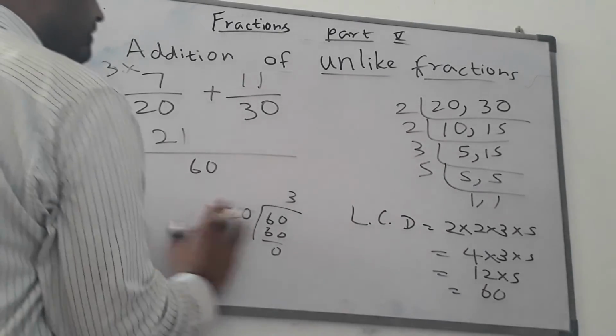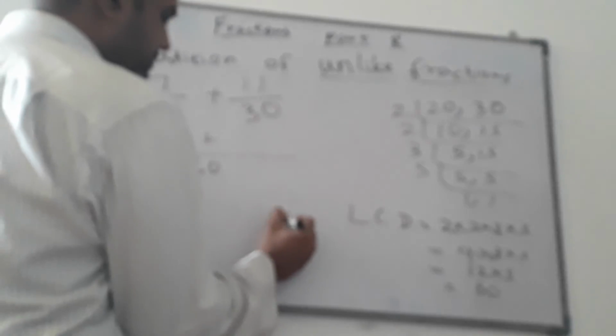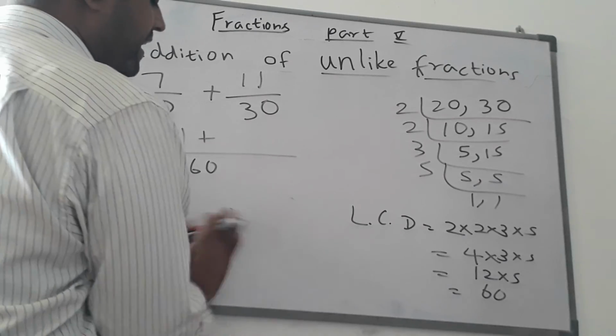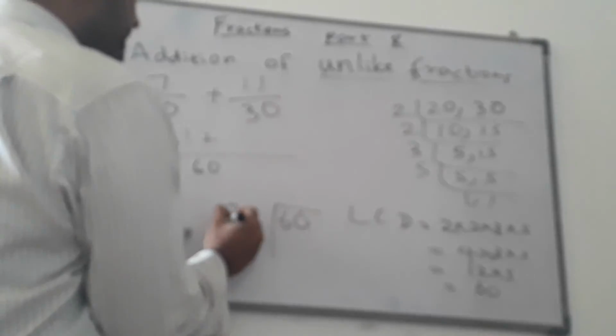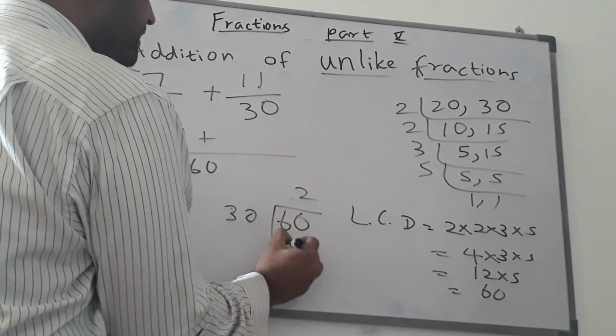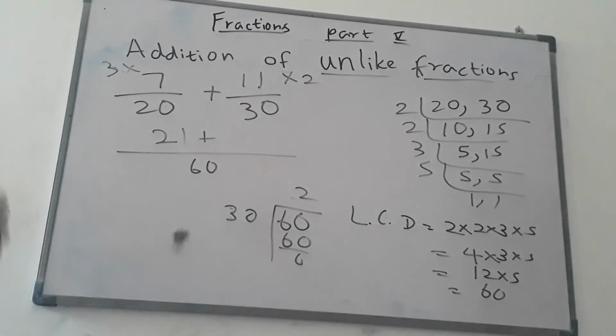Then we have to check how many 30s are there in 60. How many 30s? 30 times 2 is 60. So you have to multiply 11 by 2.